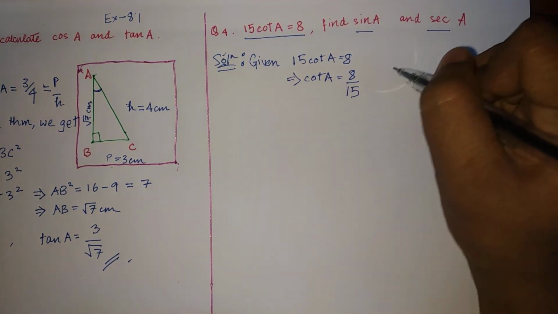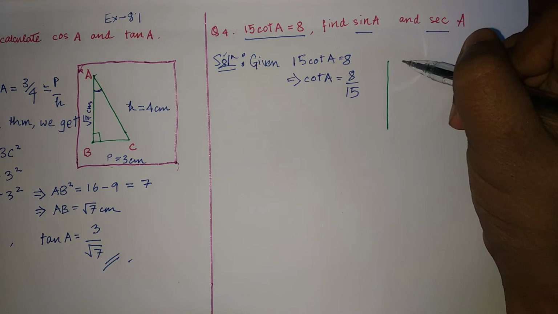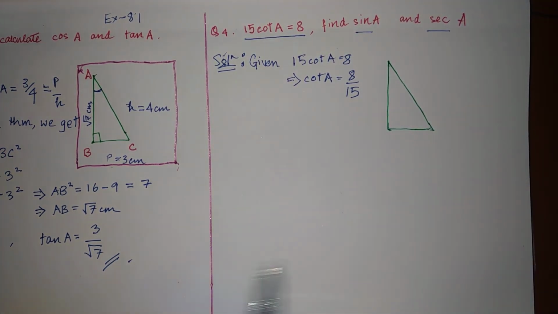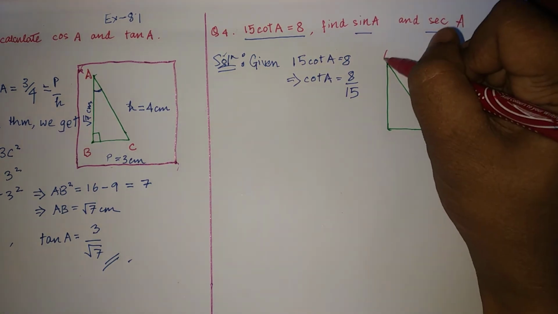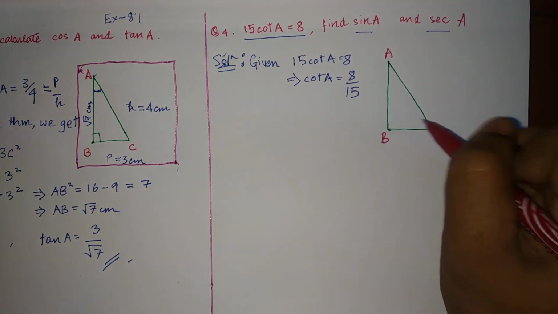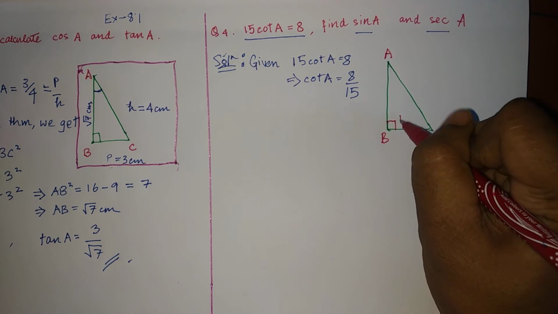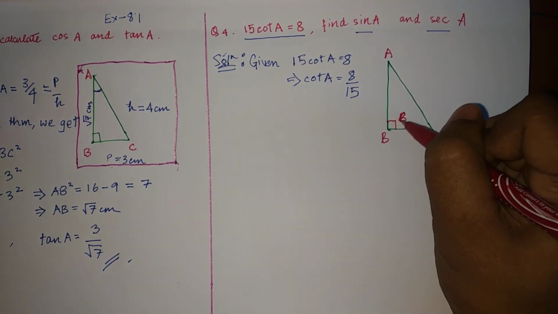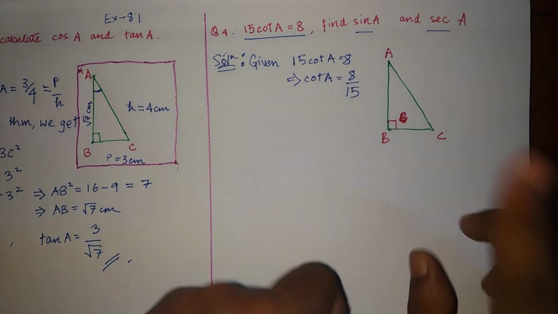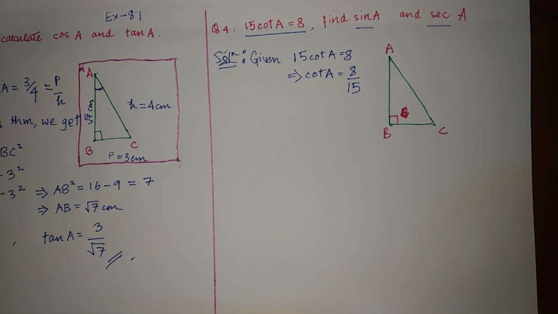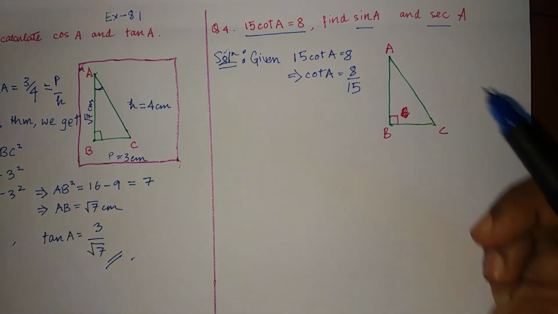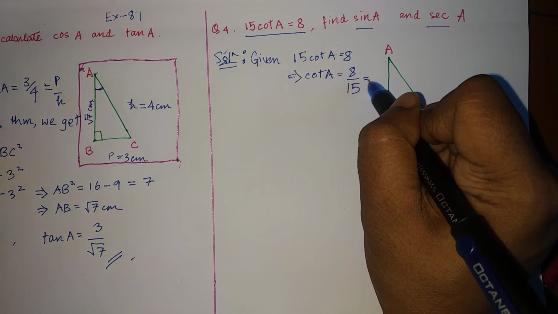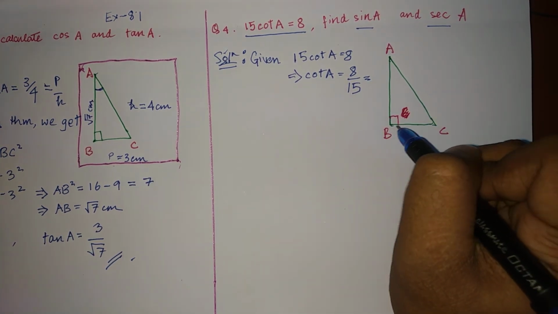So first let's draw a triangle. Let's construct a triangle ABC, right angle at B. So now we equate this cot A to its original value, which is base.